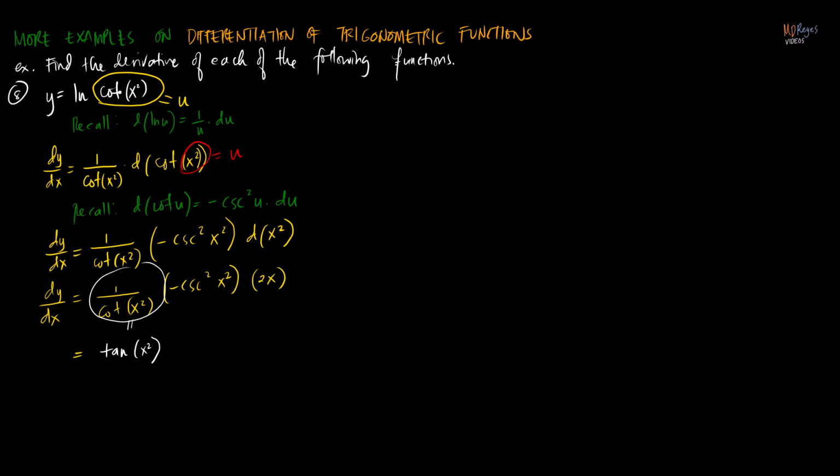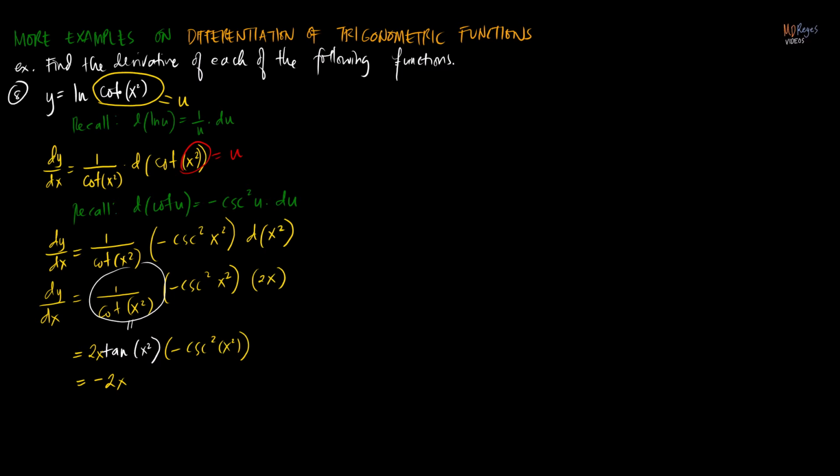Then let me write 2x here, followed by negative cosecant squared of x squared again. Simplifying further, let me write negative 1 here beside 2x, so it's now negative 2x, our constant is negative 2.